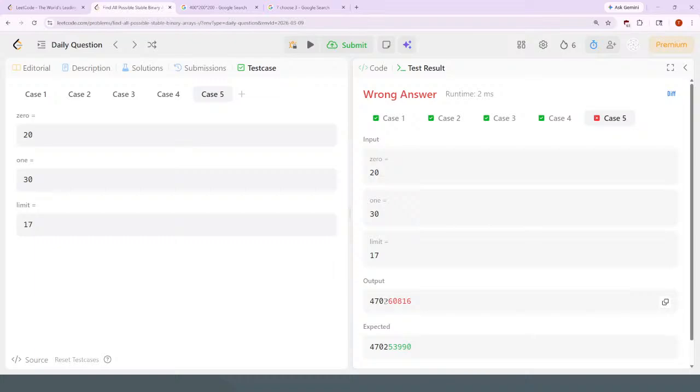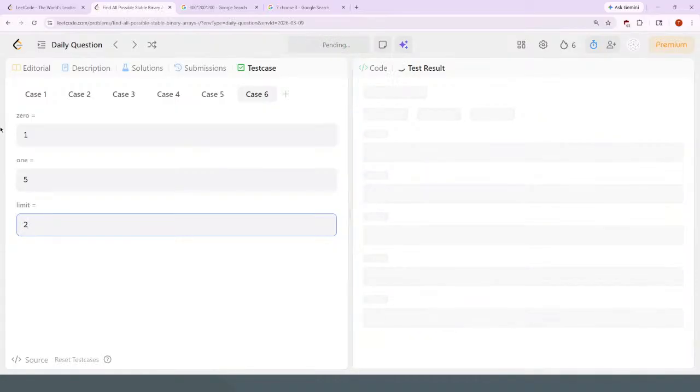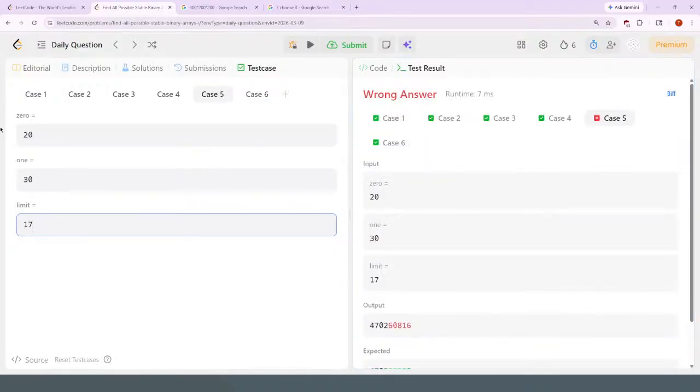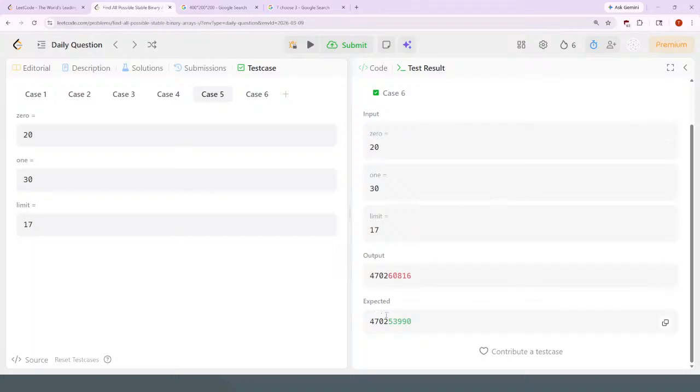Kind of close, huh? Okay, let's try to find a simpler version that I can diagnose. Say 1, 5, 2. No, it's too easy, huh? That's really close.